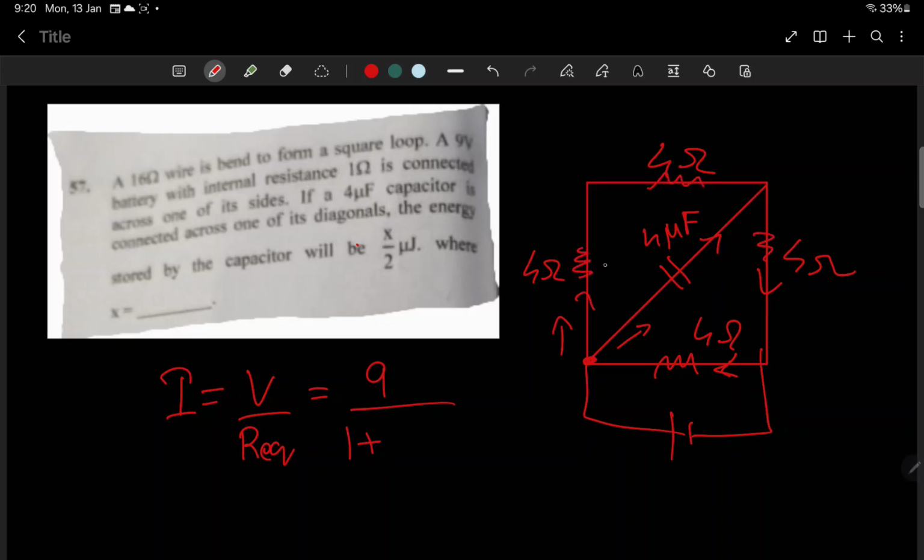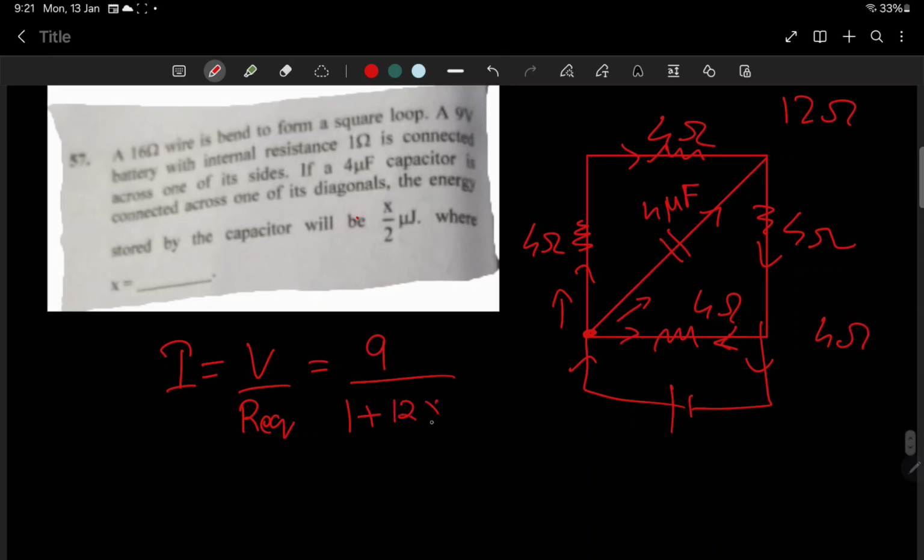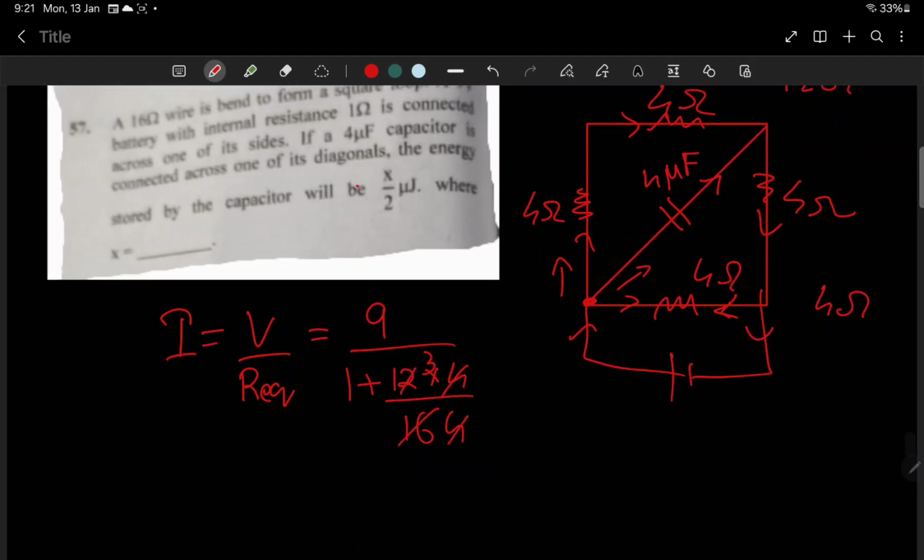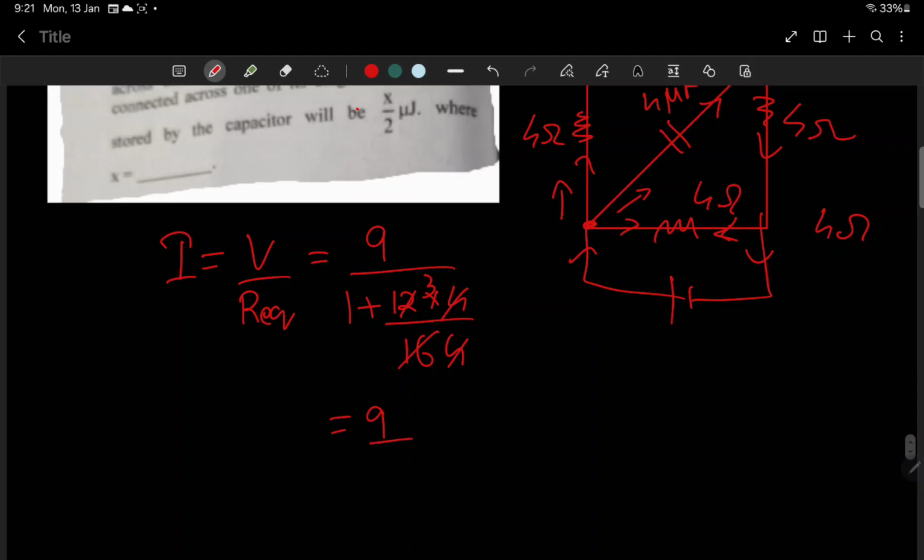These three, the current will flow like this. So here it is in series, so 12 ohm. Here it is 4 ohm. So we should write it as 12 into 4 by 12 plus 4. 12 plus 4 is 16. Okay, 4 3. So we get 9 by 4 volt.